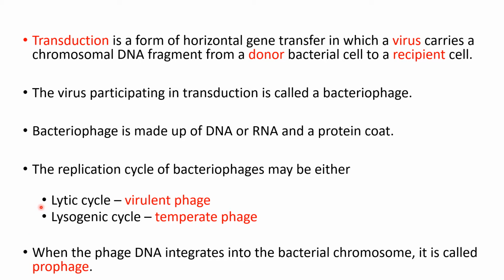The lytic cycle is carried out by the bacteriophages called virulent phages, and the lysogenic cycle is carried out by the bacteriophages called temperate phages. Now, another term we should be knowing is prophages. What are prophages? When the phage DNA during its lysogenic cycle integrates into the bacterial chromosome, it is called a prophage.